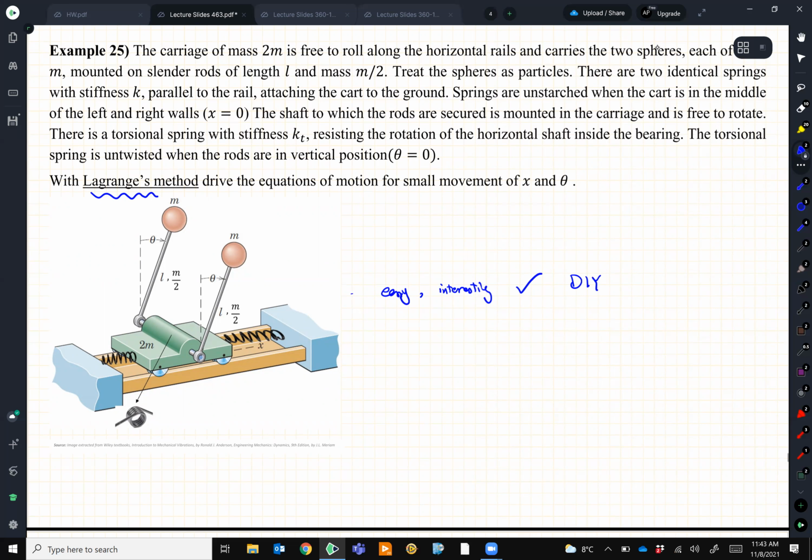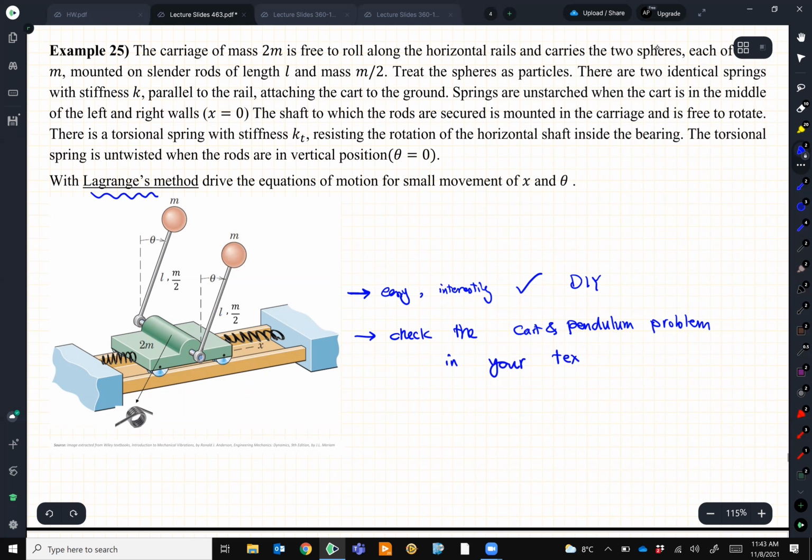And please, before checking that one, check the cart and pendulum problem in your textbook. First, check this one before attempting to solve the other.